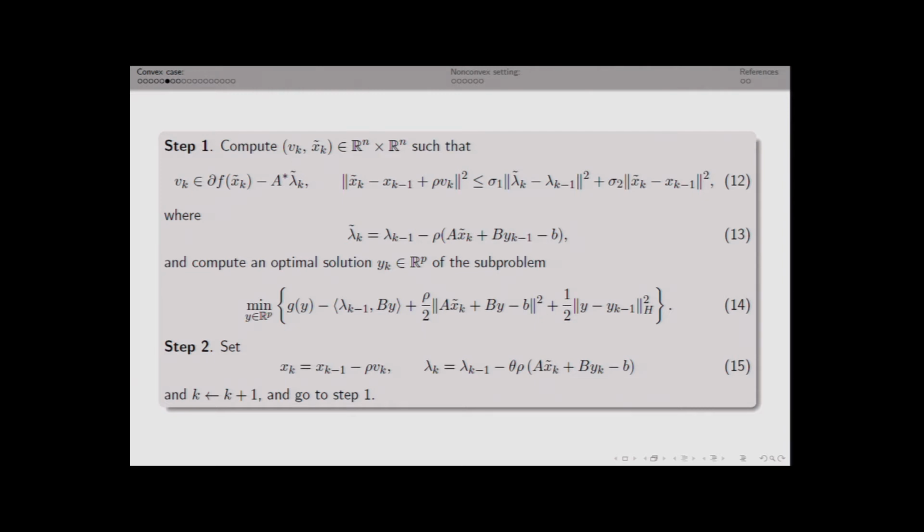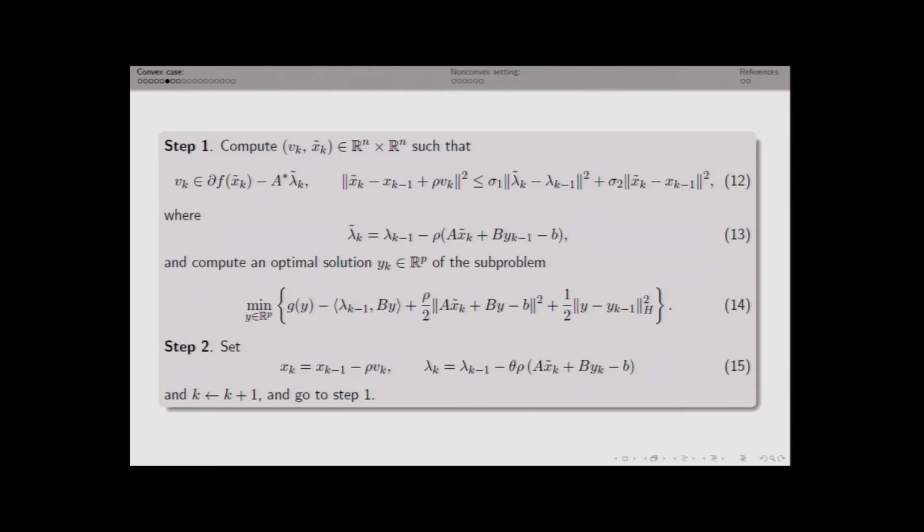Also, at least in the numerical experiments, the second problem is solved exactly, so from this point of view there's no issue. But from a theoretical point of view, what we would like to do is put a similar criterion here.